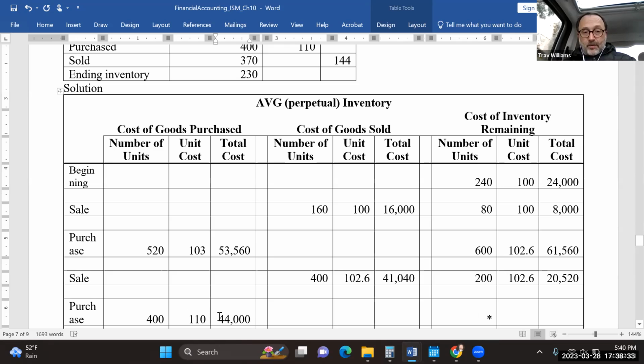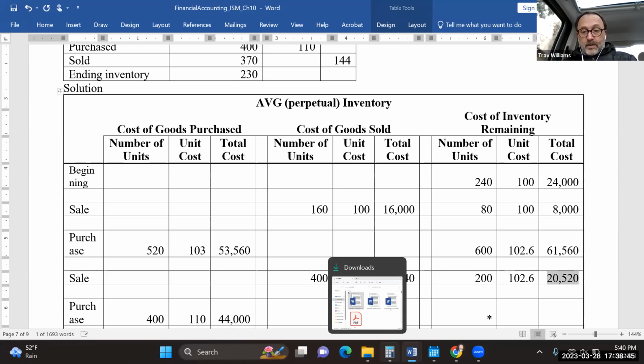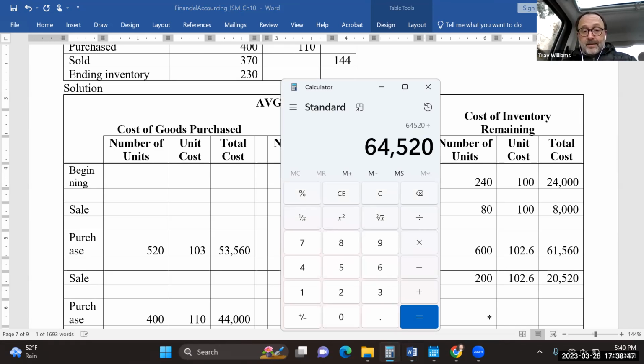So we add the 44,000 and the 20,520, that's 64,520. Divide that by the 600 units we have total. And we get 107.53.